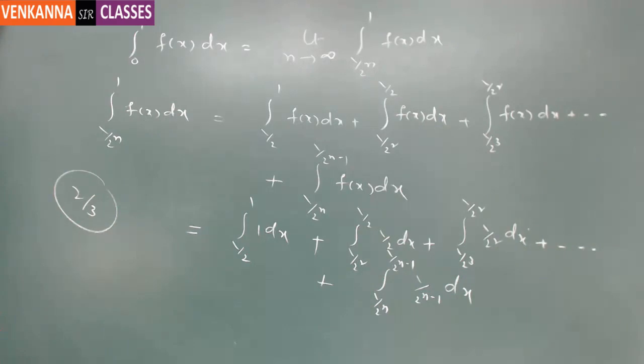Okay. The four conditions we have just stated are the definite conditions. If you are able to prove that it is continuous, then it is Riemann integrable. If it is monotone, Riemann integrable. If it is a constant function, Riemann integrable. If it has finite points of discontinuity, Riemann integrable.